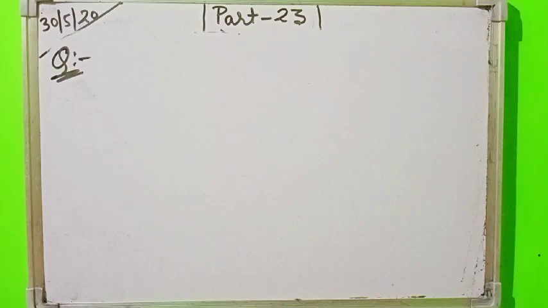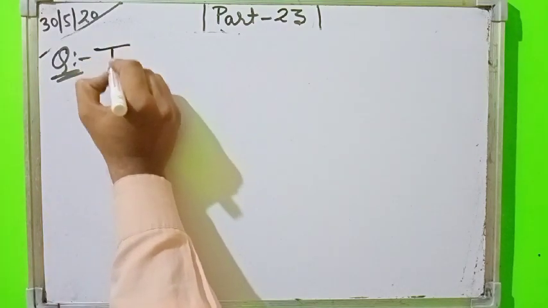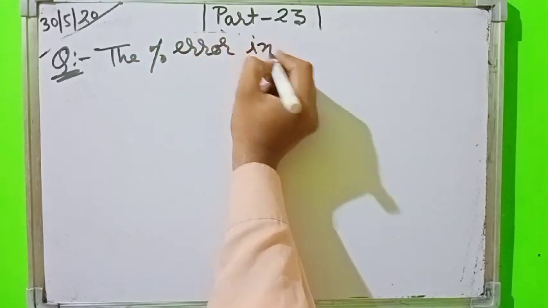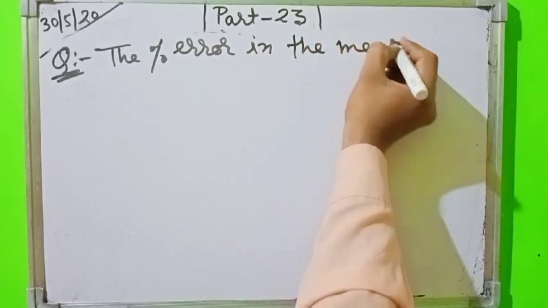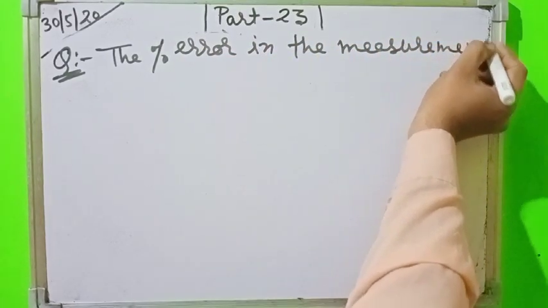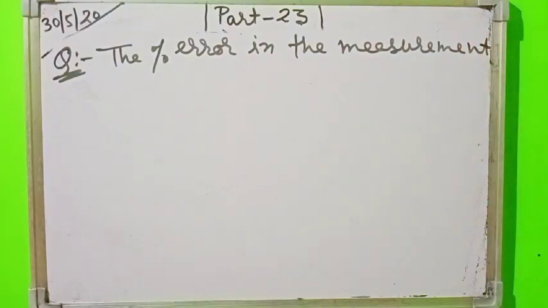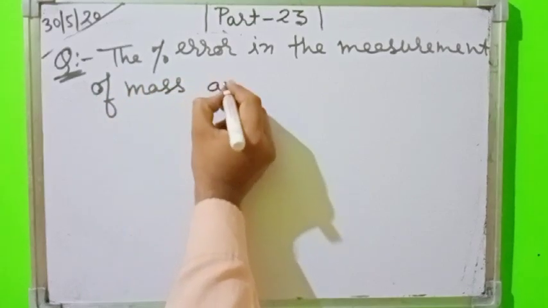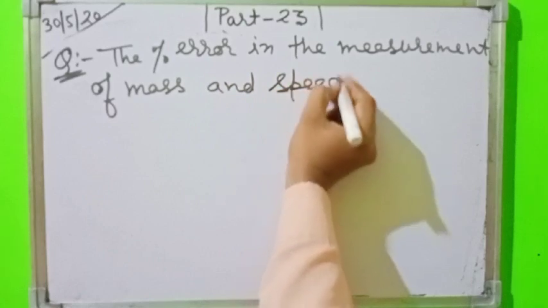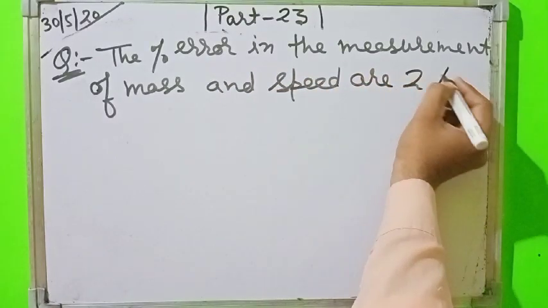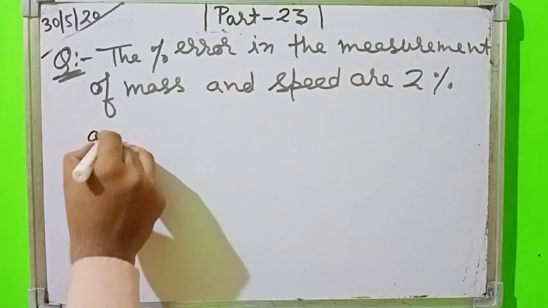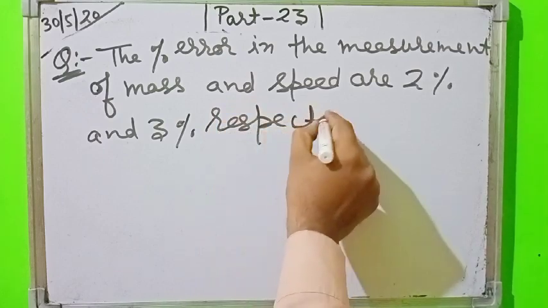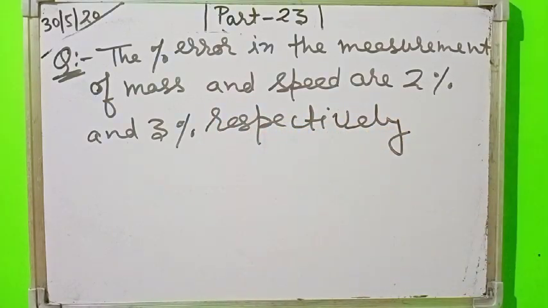The percentage error in the measurement of mass and speed are 2% and 3% respectively.